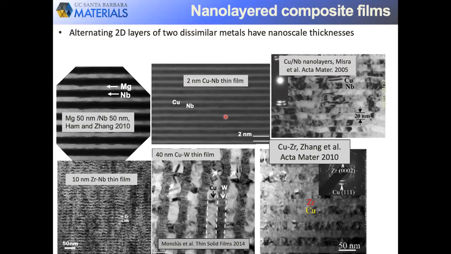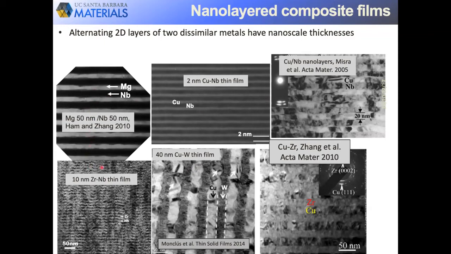So nanolayer composites are comprised of such blockers or walls. They are formally defined as consisting of two dissimilar metals stacked in alternating layers and arranged in this 2D architecture. The individual layers are just a few nanometers or tens of nanometers in thickness, as you can see here.